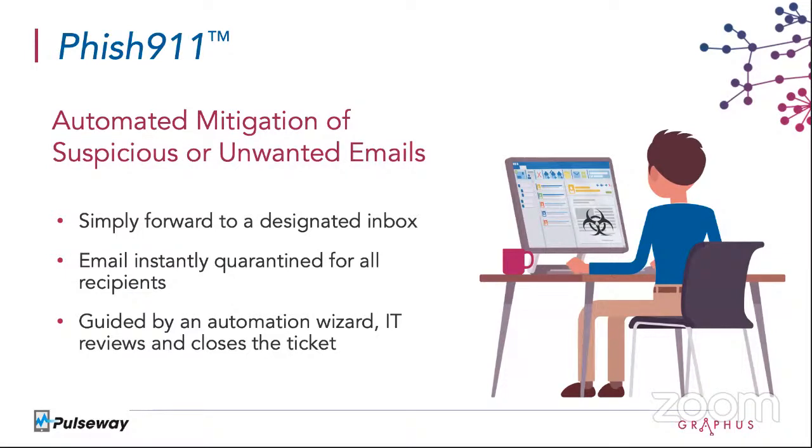The other things which are happening in the background are that the system is learning from these actions. So if it was a malicious email, as determined by the IT, then the system will learn the attributes of this bad email and will evolve to prevent similar emails from reaching the end user. And if the IT marked it as, let's say, not harmful, then the email is instantly and automatically returned to the inboxes of the end users, and they can go ahead and do what they need to do.